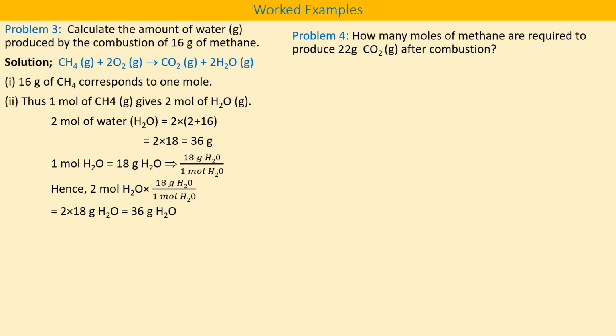Please read the question once again. We will start the solution. According to the chemical equation, CH4 combines with 2O2 to give CO2 plus 2H2O, that is 44 gram CO2 is obtained from 16 gram of methane.